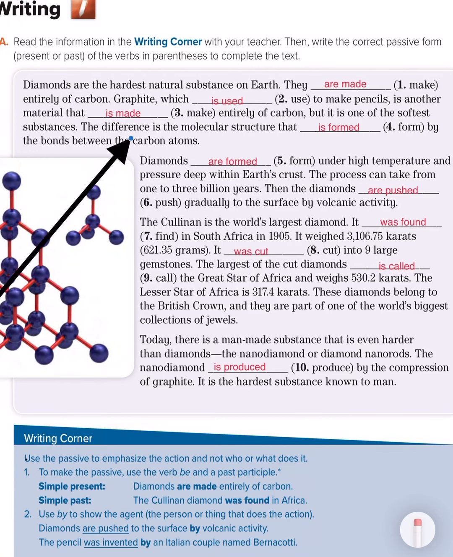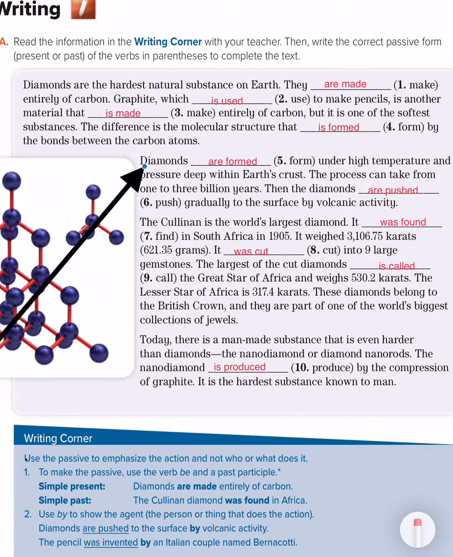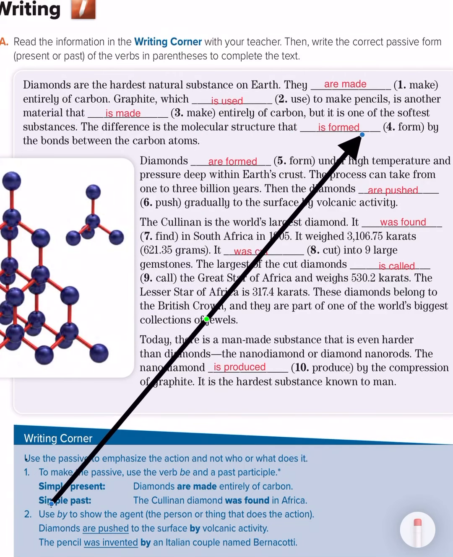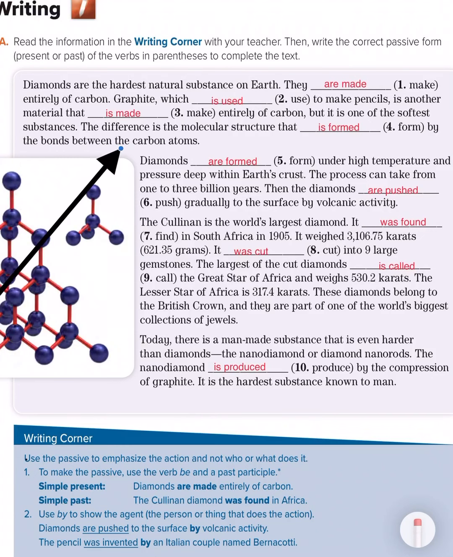Is made of carbon, but it is one of the softest substances. The difference is the molecular structure that is formed. So we add ed, which is the past participle of the verb form, by the bonds between the carbon atoms.